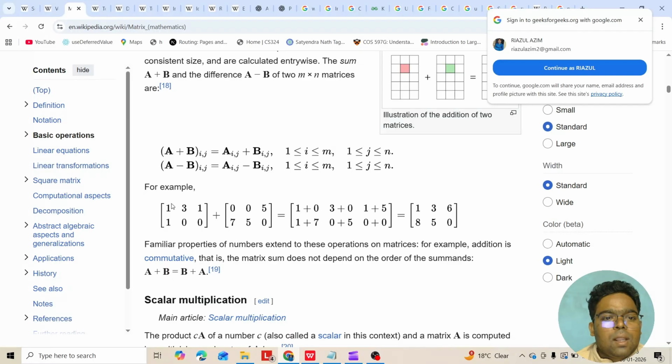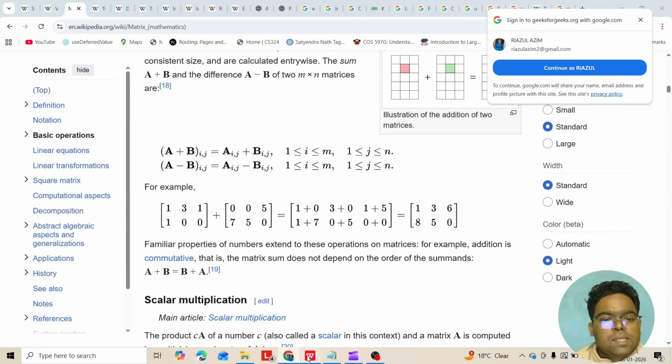It is element wise: 1 plus 0 is 1, then 3 plus 0 is 3, 1 plus 5 is 6, and so on. So that is the result. A plus B equals B plus A, so if you add both ways, you get the same result.